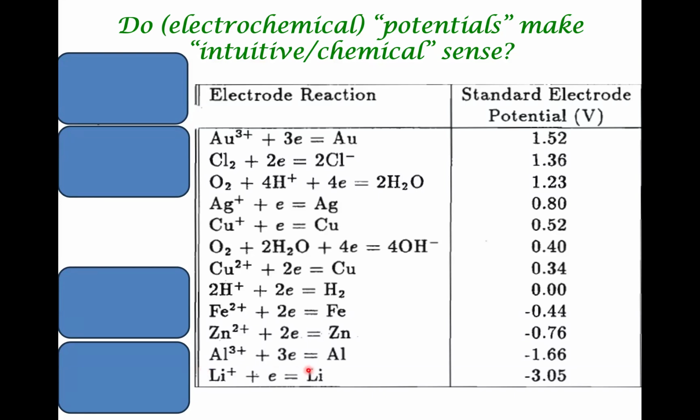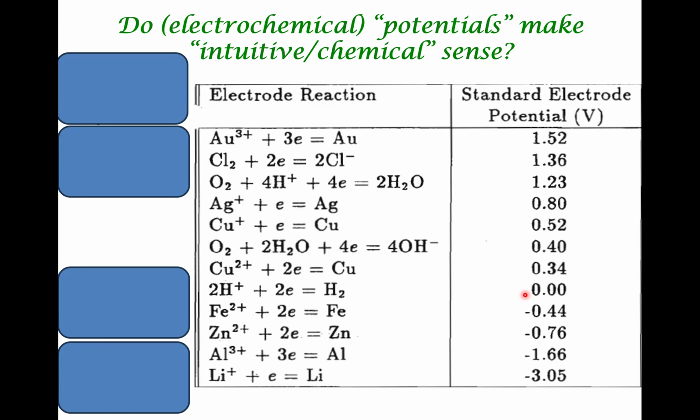Because lithium is very electropositive, instead of being in the zero state, it would prefer to be in a positive state. So the reduction of the lithium cation by an electron to lithium is not very easy. That's not a favorable process, so it has a negative reduction potential. That means this reduction is not very facile. It's not very easy.